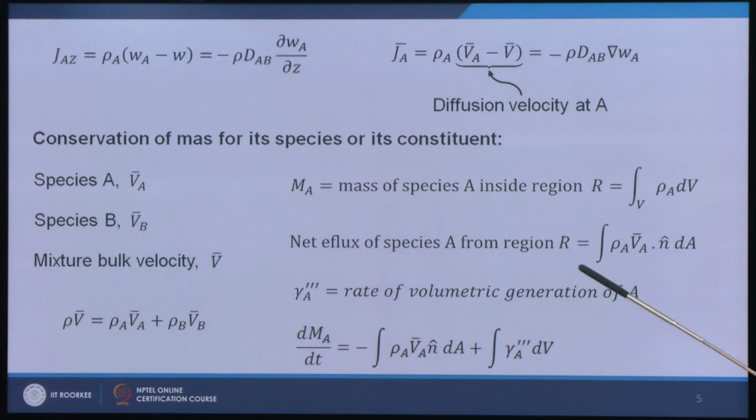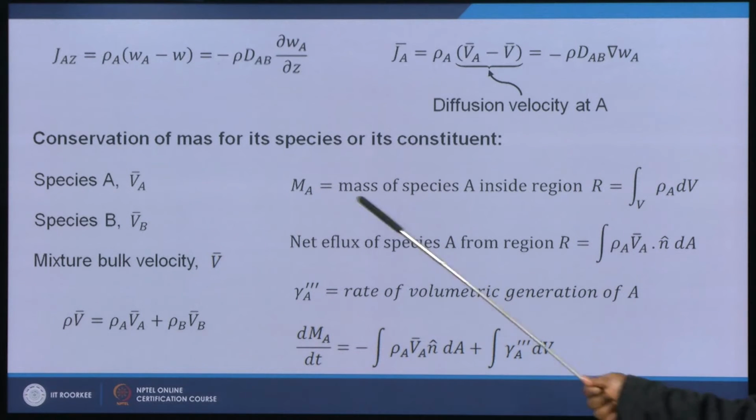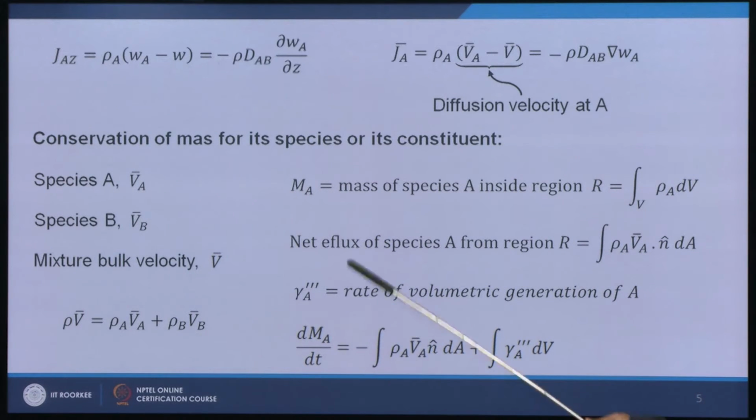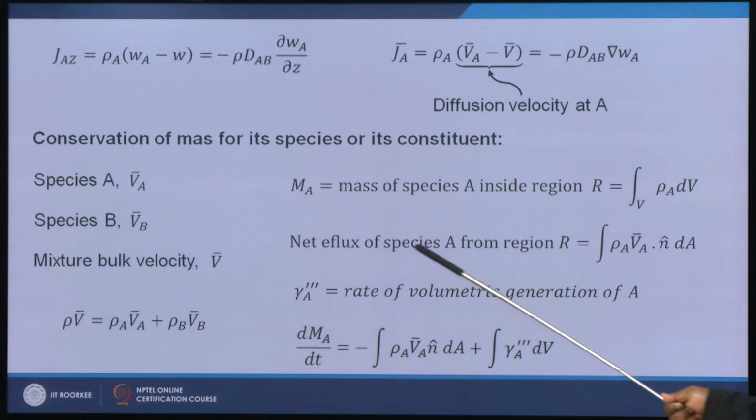Then if we try to balance, the change of the mass of the species, which is dMA dt, equals the flux you are getting plus the generation you have over the whole volume.